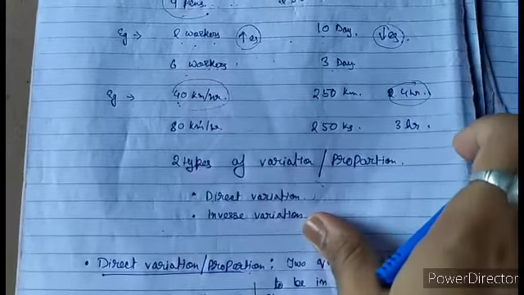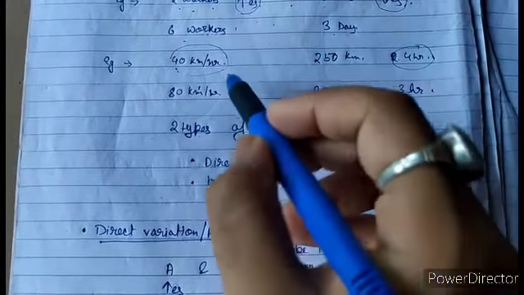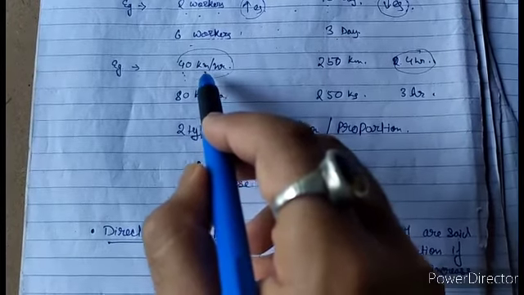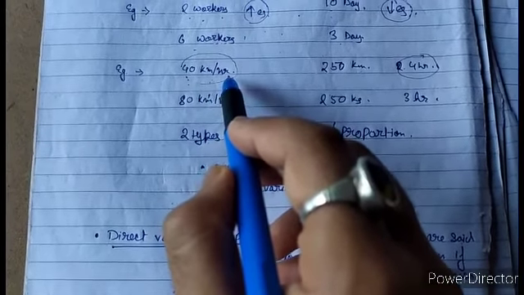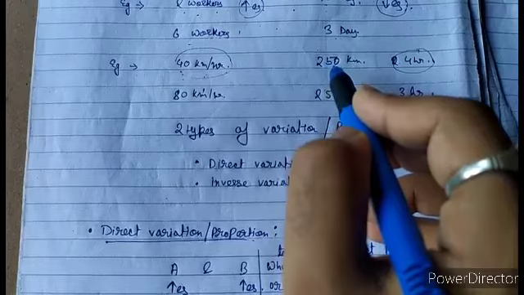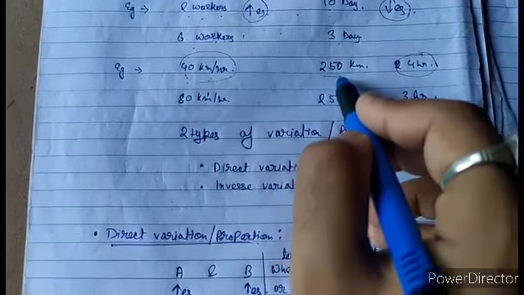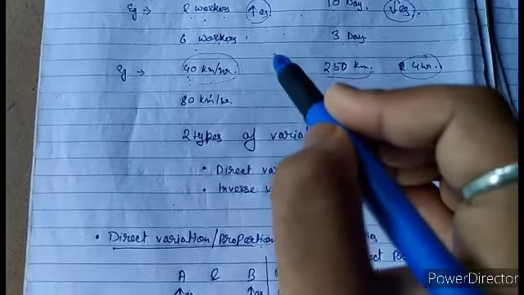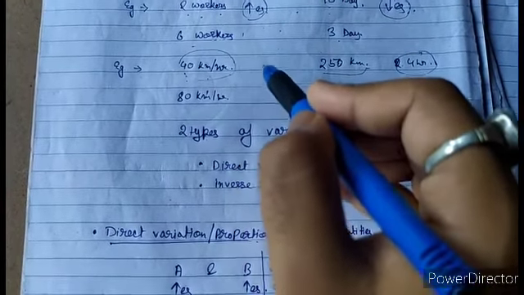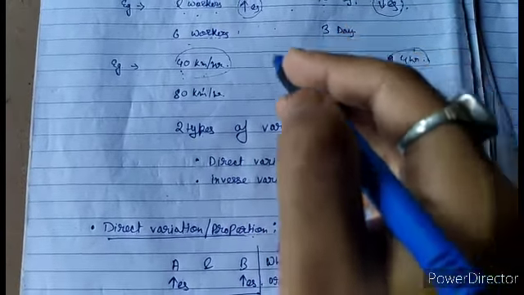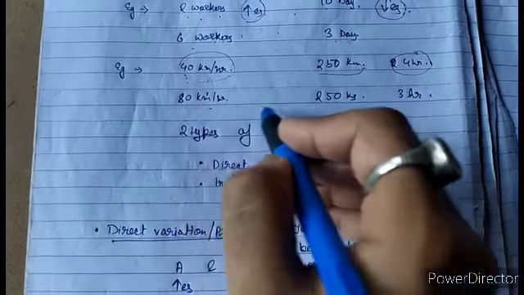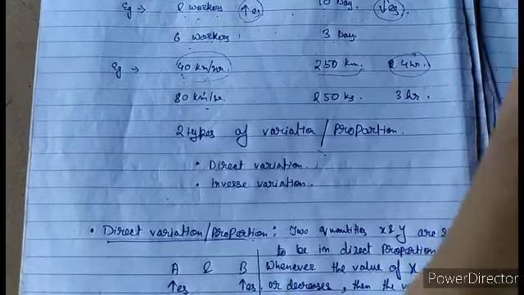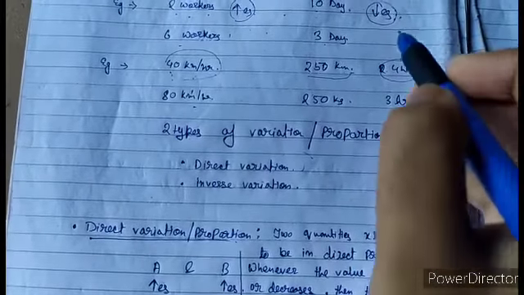In the next example, if you are traveling with a speed of 40 km per hour, in a certain time period you will cover a certain distance.